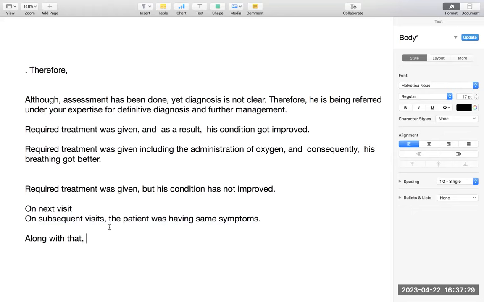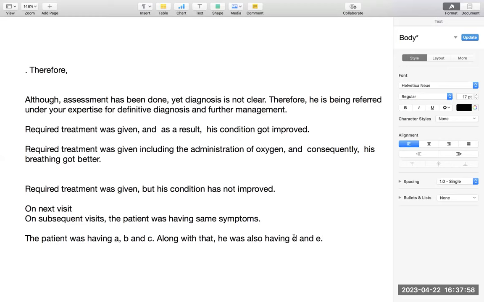But again, when it comes to OET, the situation will be like this. Suppose the patient was having A, B and C. Along with that, he was also having D and E. D and E, you can replace with signs: fever, rigors, chills.